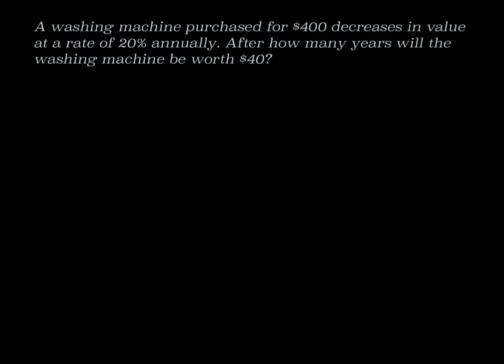Okay, second example. A washing machine is purchased for $400, and it decreases in value at a rate of 20% annually. After how many years will the washing machine be worth $40? All right, I did this problem in the spirit of the fact that I just now bought a brand new washing machine. Okay, so we are going to use the formula y = a(1 - r)^t.